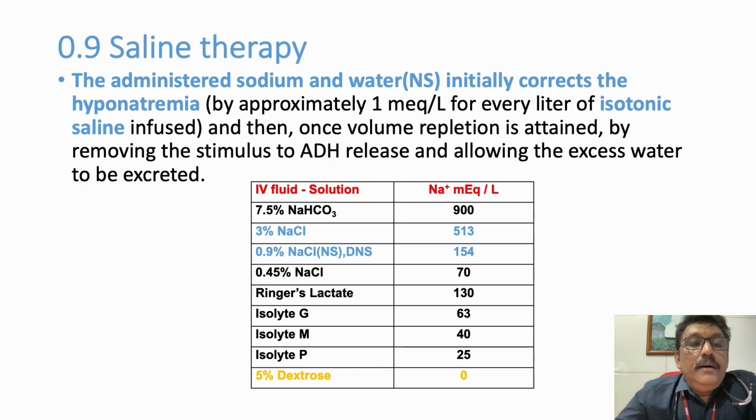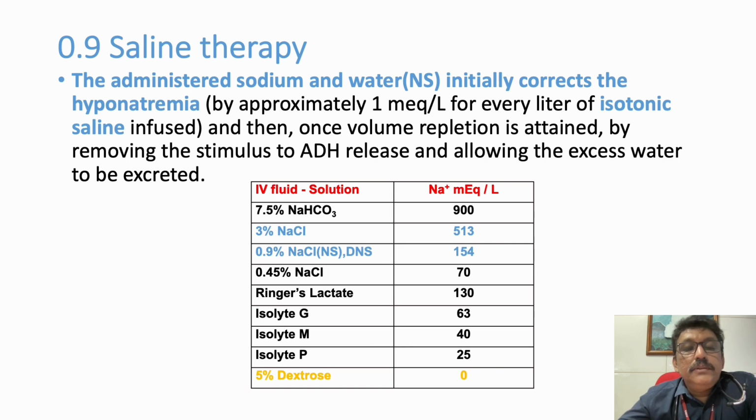So normal saline is available as a 500 ml bottle that contains half of this, 154, that is 77 milliequivalents, whereas 3% saline is available as a 100 ml bottle that contains 51.3 milliequivalents.